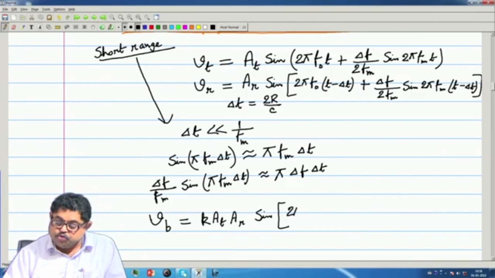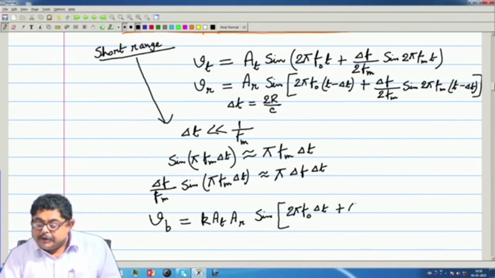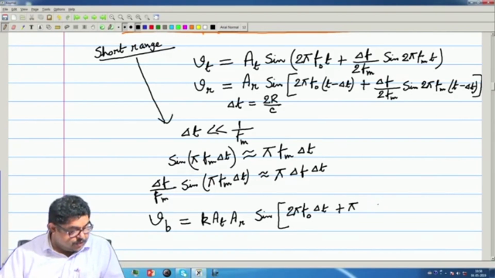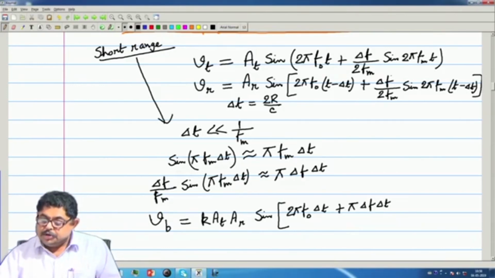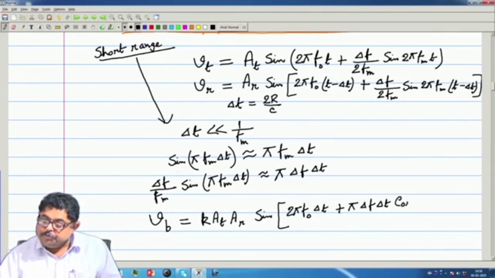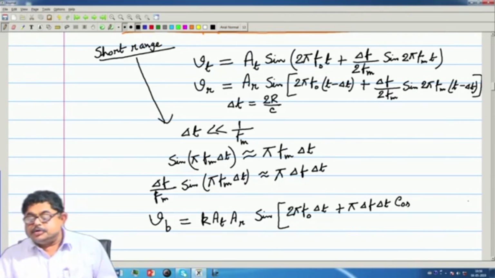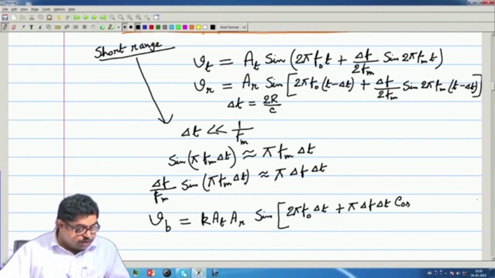So, can I write 2 pi f naught delta t plus pi delta f delta t. This you can do on your own, I am just helping you with the major step. So, it is sine minus sine, so cos terms will come.